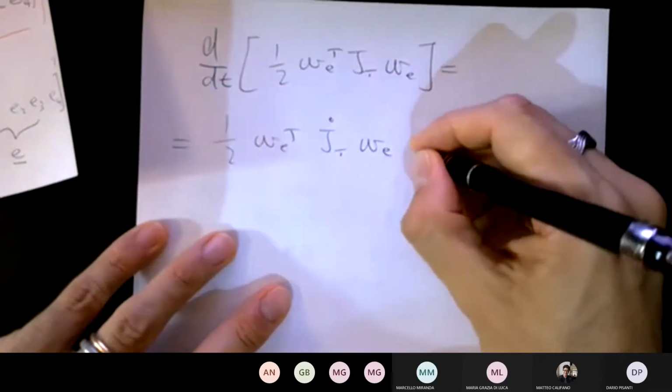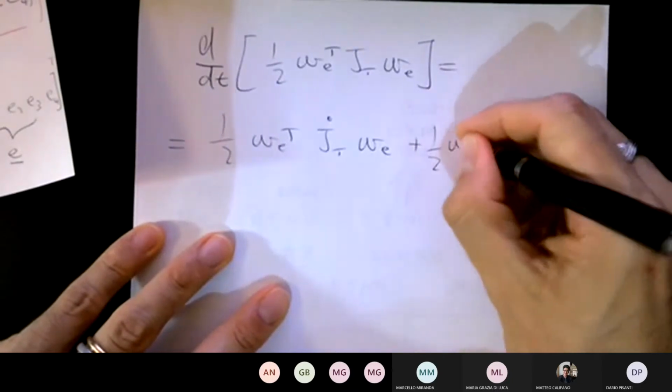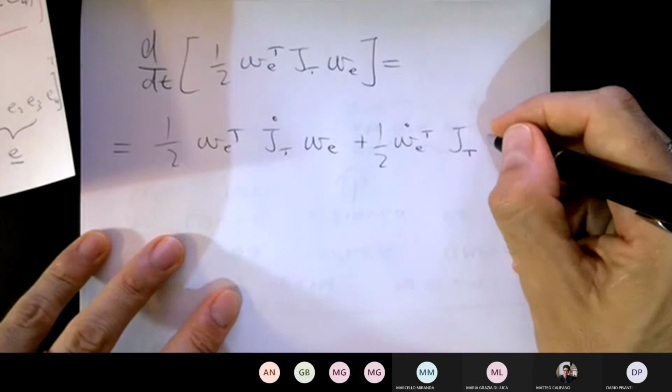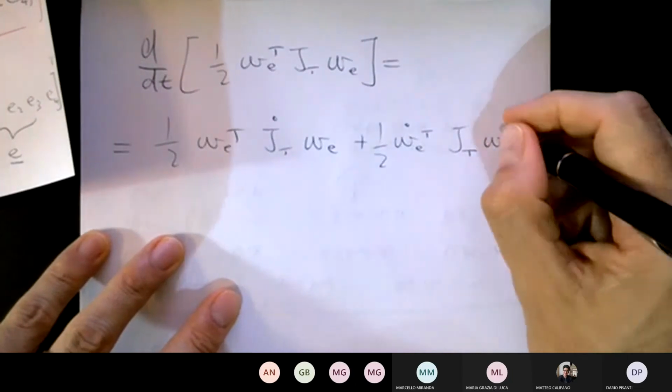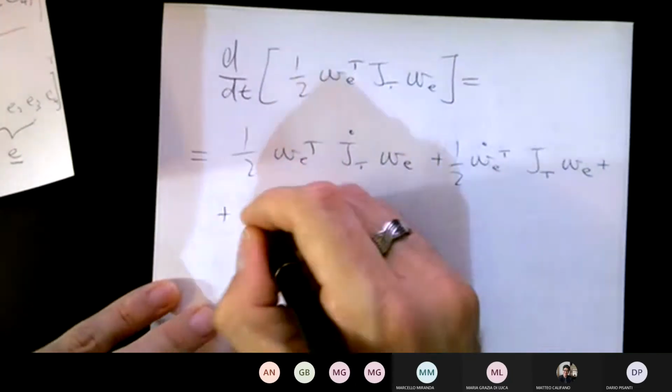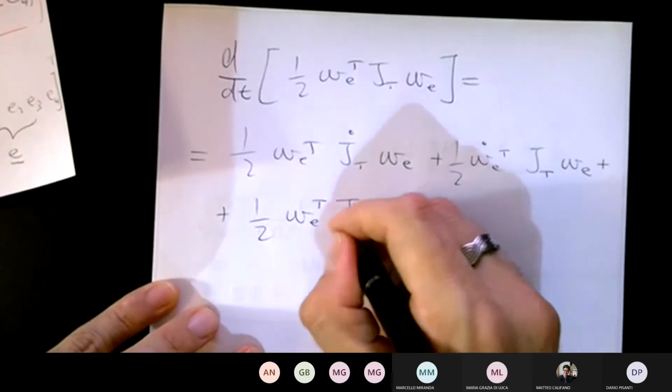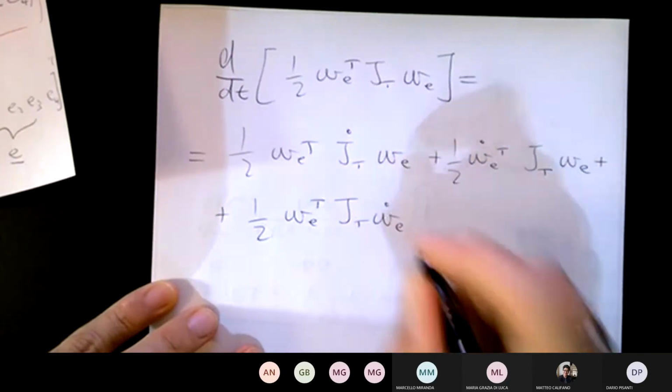And then I have two terms: 1 over 2 omega E transpose dot J total omega E, and then 1 over 2 omega E transpose J total omega E dot.